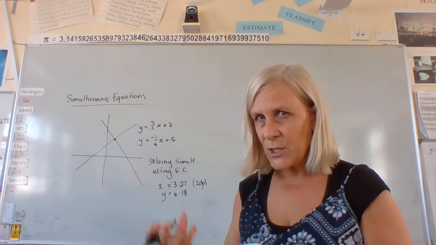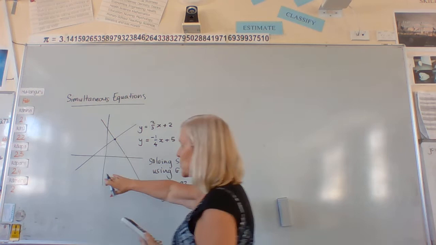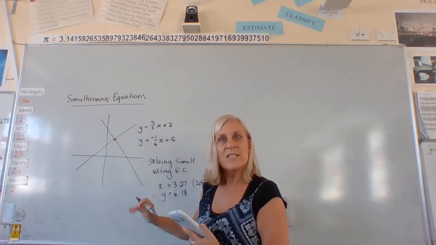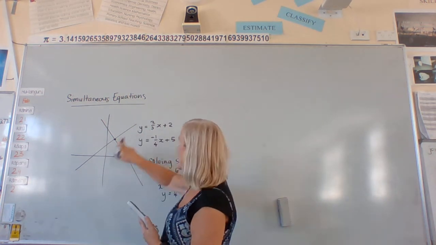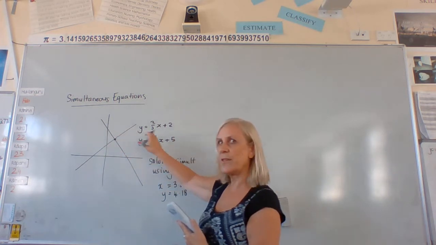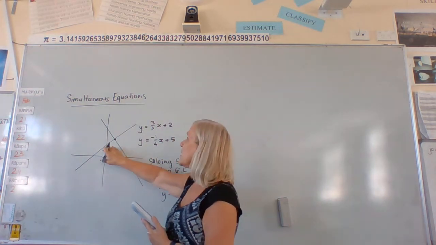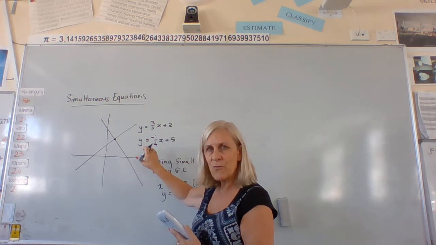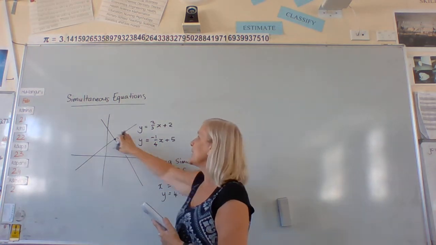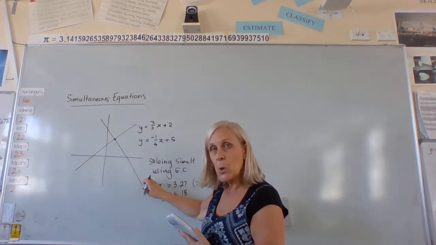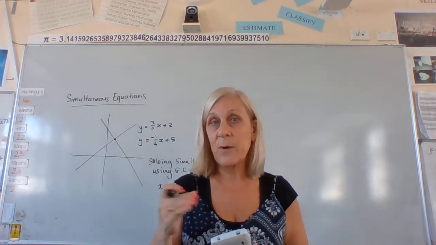So we have to be able to interpret what's going on. We have to be able to interpret the rate of this. So the rate of this is that we're going up by 2 every 3 we go across. So it could be we're increasing by 2 people every 3 seconds, or we're going down by 1 person every 4 seconds, if that was the context that we have it in.